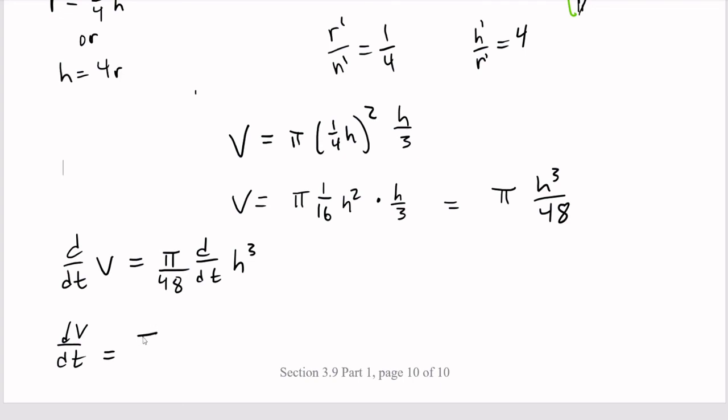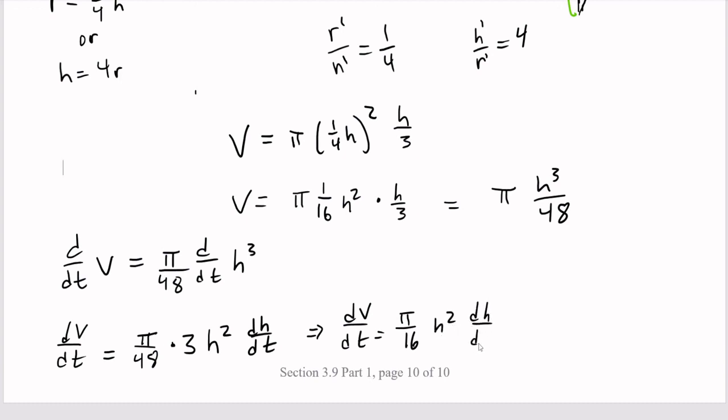So this technically needs the chain rule. Drop the 3, and then it's going to be h squared dh/dt. We could simplify. This is going to be dV/dt equals pi over 16 h squared dh/dt.